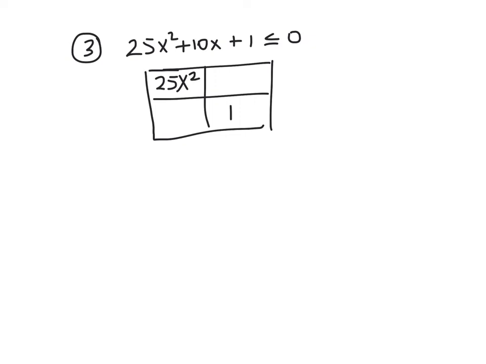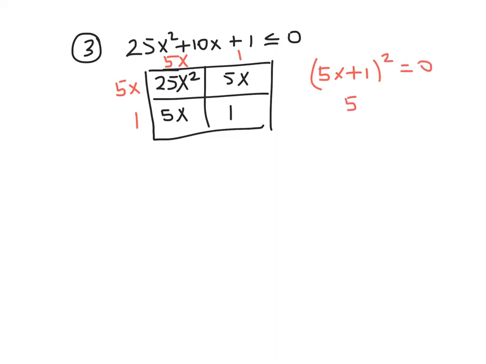We need two numbers we can multiply to get 25 that add to 10, so it's going to be 5x. Here 5x is common, and 1 is common here, so we get (5x plus 1) squared equals 0.